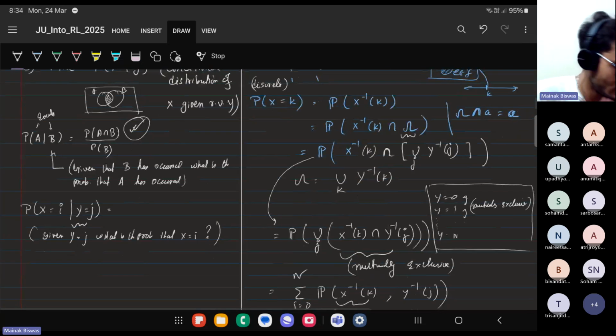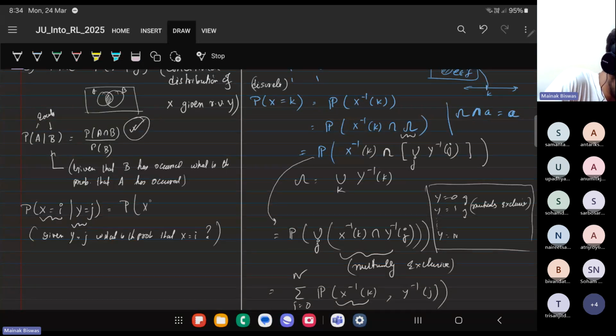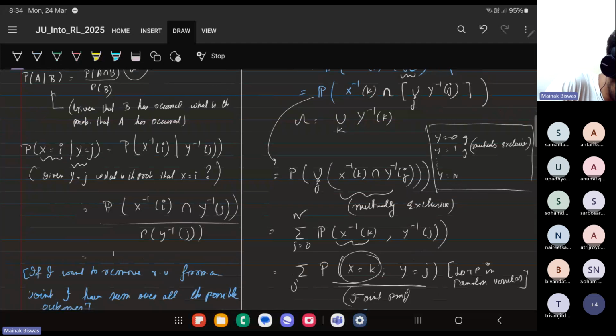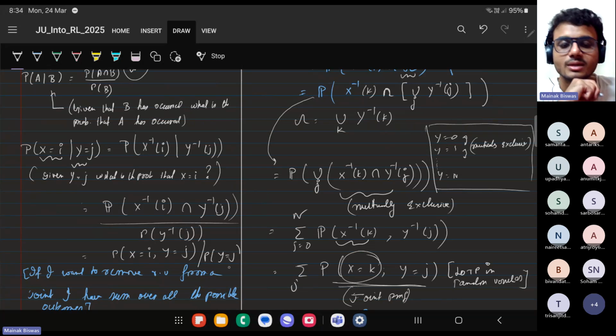Anything? Any idea? So again, it's the same thing, right? X is equal to I means X inverse of I given Y inverse of J. So as soon as I write this, now these are events. And I can write it as probability of X inverse of I intersection Y inverse of J divided by probability of Y inverse of J. Fine, which is the same as probability of X equal to I comma Y equal to J by probability of Y equal to J. Is this fine to everybody?